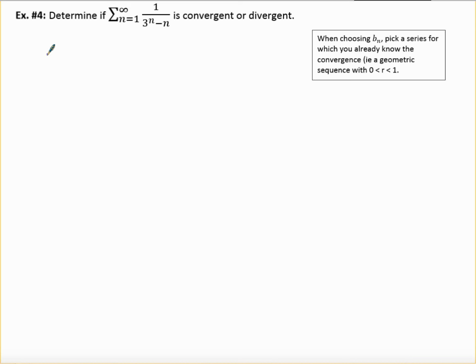I would choose one that you already know converges. I would use a geometric sequence like 1 divided by 3 to the n, because that one has a common ratio of 1/3, and that meets the requirement to show convergence of a geometric sequence. It just has to be between 0 and 1.